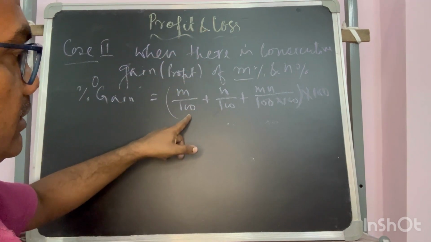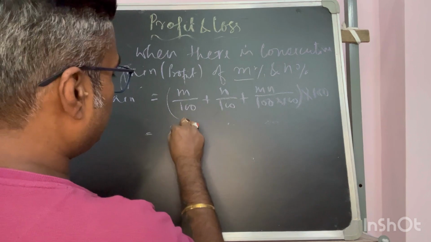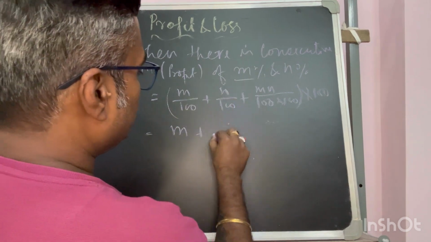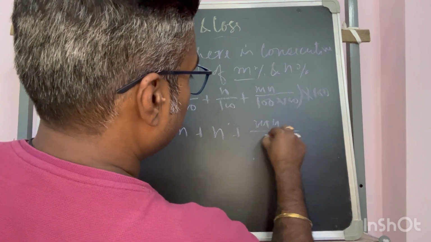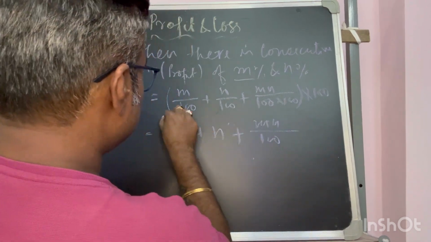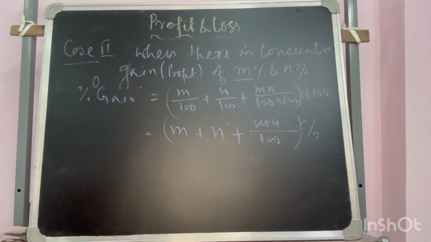That's why that 100 has come. Now when 100 is multiplied, here I will get M, here I will get N, here one 100 will be cancelled, and I will get MN by 100. So this is the overall percentage gain when there is a consecutive gain of M and N.